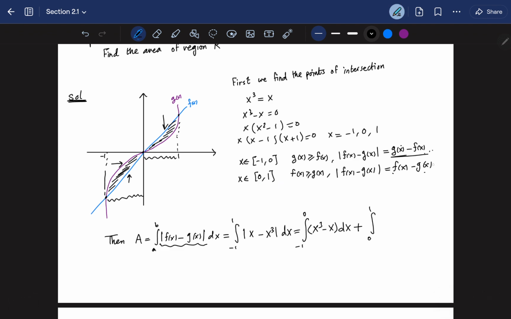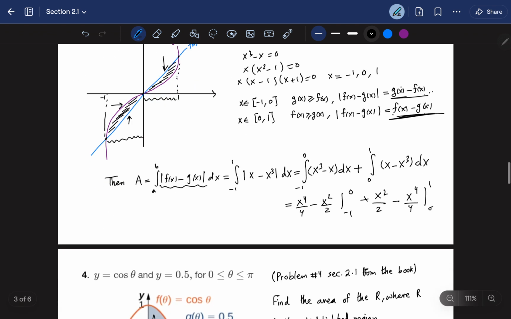But from 0 to 1, the absolute value is just f minus g. So that would be just x minus x cubed dx. And we integrate normally. So that's x to the 4th over 4 minus x squared over 2 from -1 to 0, plus x squared over 2 minus x to the 4th over 4 from 0 to 1. You do upper minus lower, and you find the value.